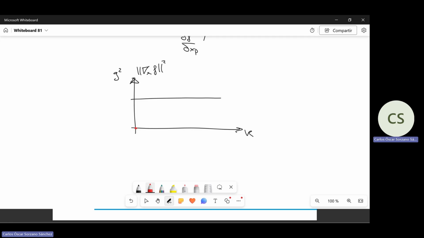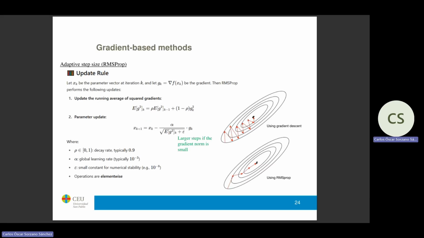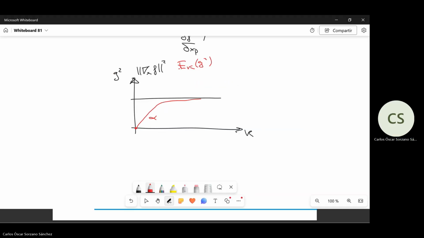Now we will represent the expected value of g squared. So we started with 0, and if the norm of the gradient is constant, then this will grow something like that. And how fast it grows depends on, how do we call it, rho, I think, no? It's rho. So it is proportional to rho.